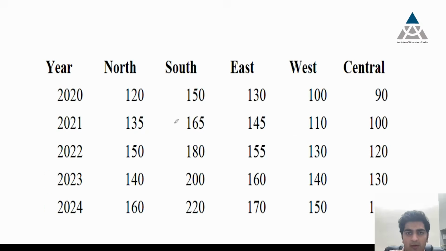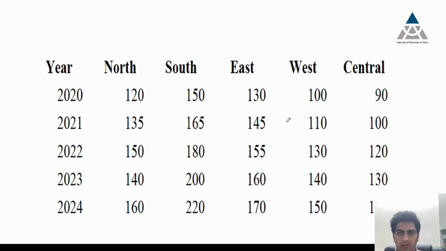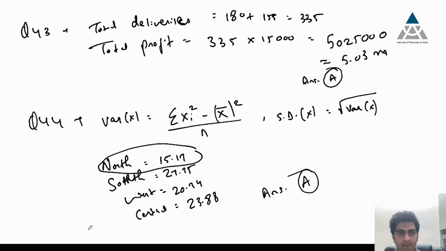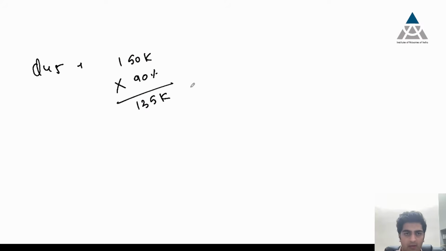Going back to the question, for the West Hub you can see 100, 110, 130, and the last 2 years, 140, 150, where they operated above 135,000. So that is year 2023 and 2024. And if you look at the options, option B tells us that. So your answer is 2023 and 2024.